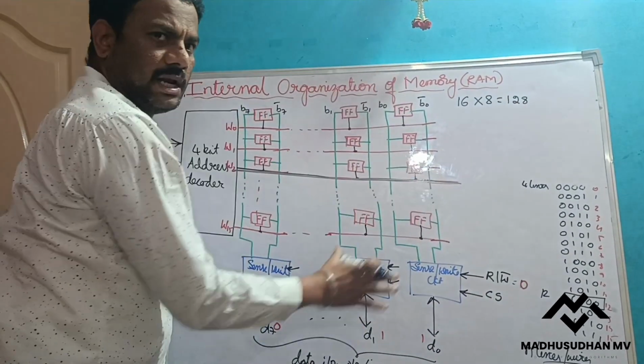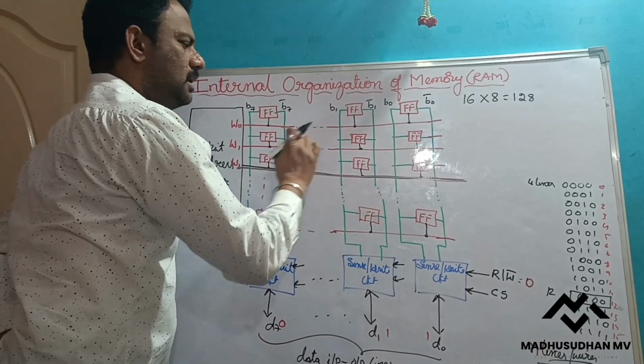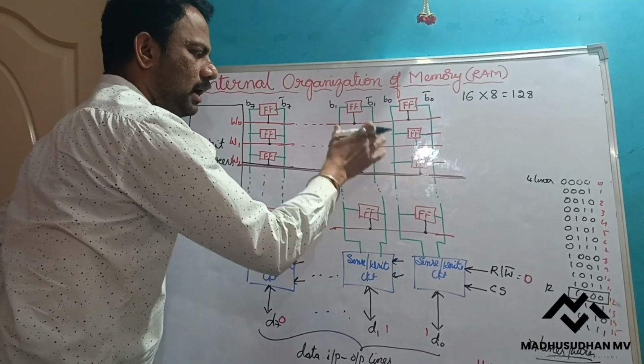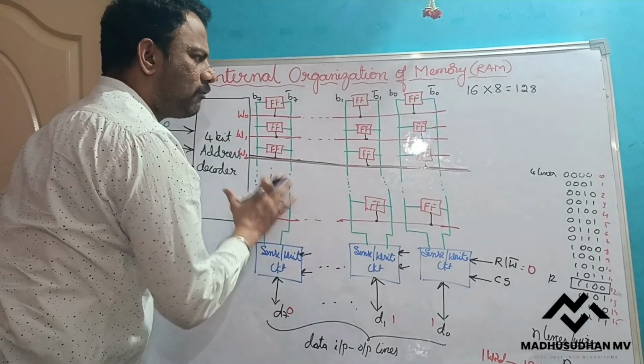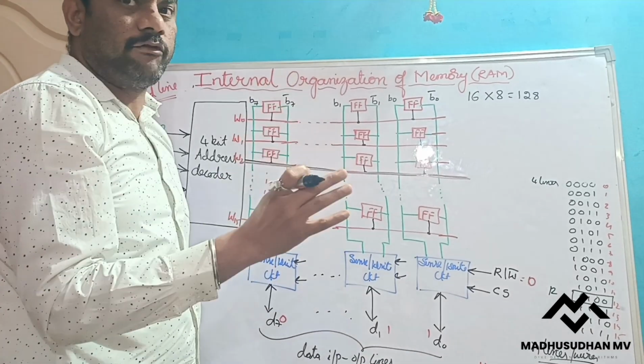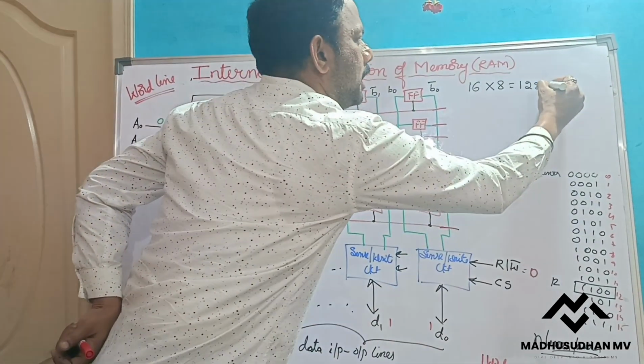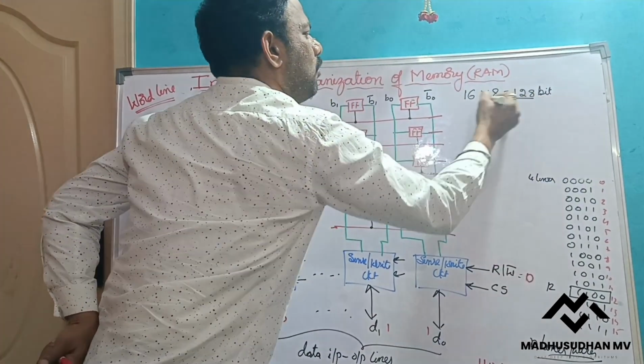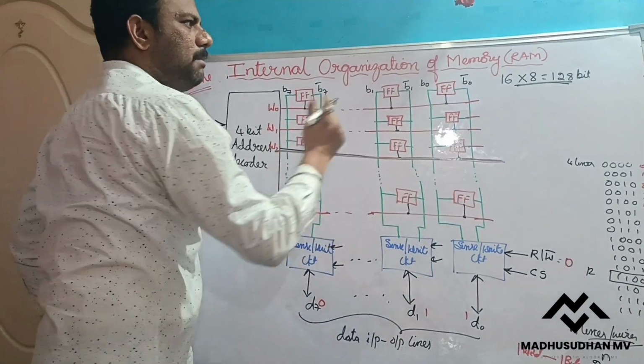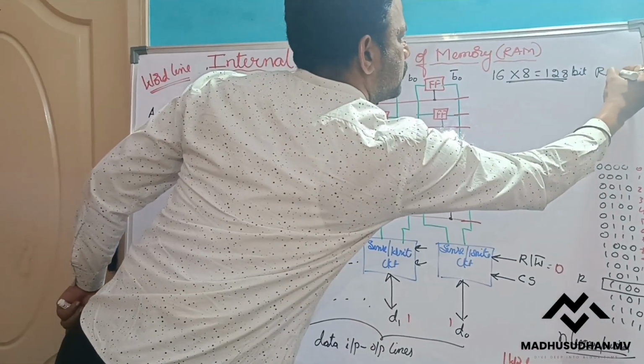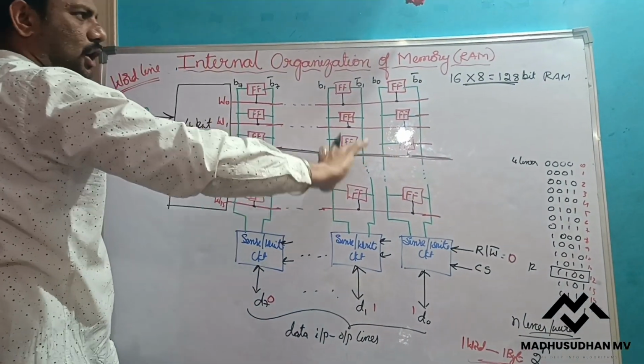Totally, 8 plus 8 is 16, 16 plus 8 is 24, 32, like that, I have 128 flip-flops here. So 128 flip-flops means 128 bits. That means we have designed a 128-bit RAM. This is the circuit.